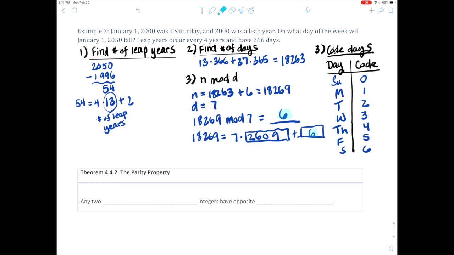6 represents Saturday. So let's give our conclusion in words. Oh, sorry, this should have been number 4. So we'll call number 5 our conclusion.